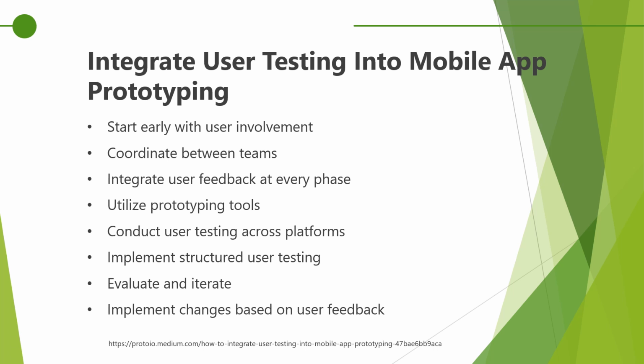And then you want to implement structured user testing. So as you move into the prototyping phase, this is going to help you gather valuable information. Test the app in real world conditions, such as while users are multitasking or maybe walking around, to ensure its intuitiveness in diverse scenarios.